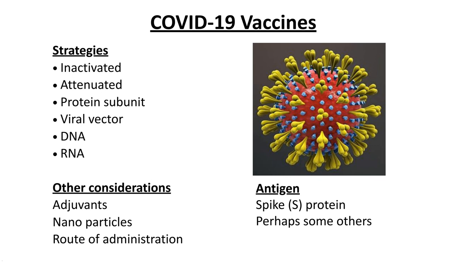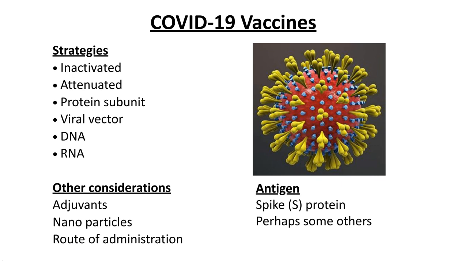There are also attenuated vaccines, meaning you need to make mutations in the SARS-CoV-2 virus so that the virus is unable to induce disease but is still immunogenic. There is no attenuated vaccine in use right now.